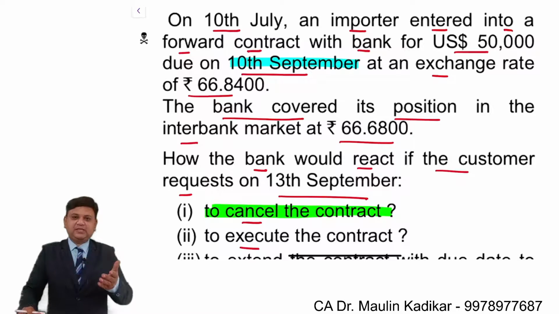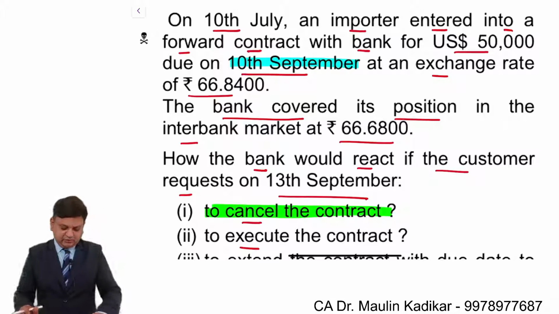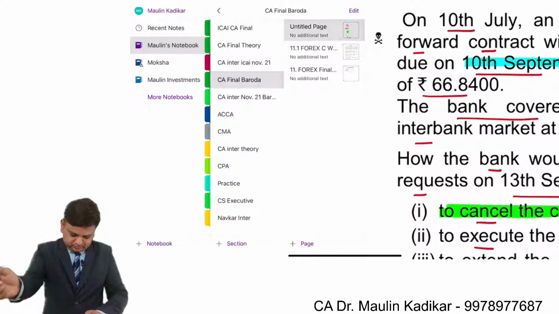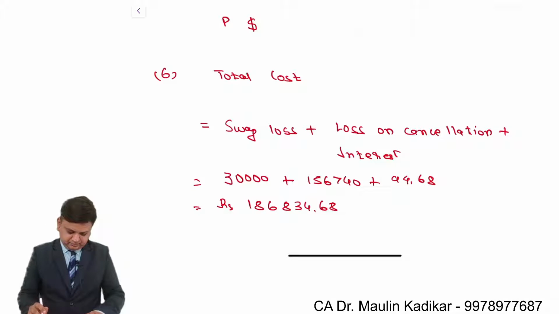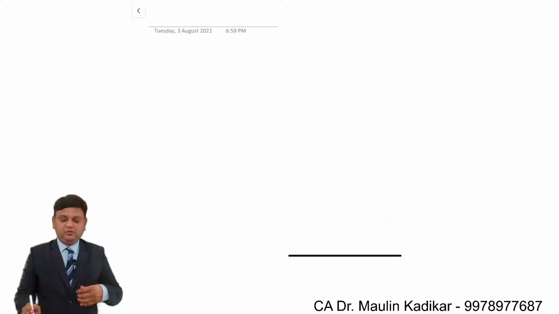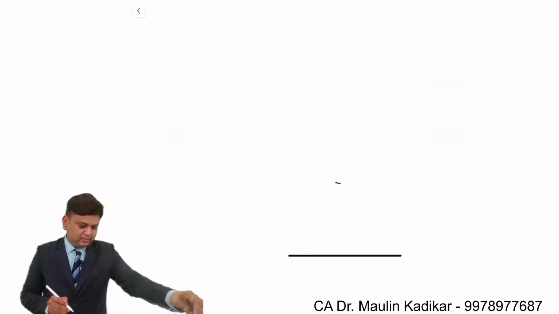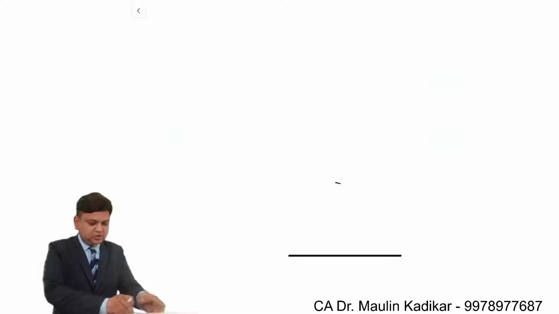Now let us understand how to calculate the answer. First of all, understanding the question from the timeline point of view. The question is providing the information like this. The entire story starts on 10th of July.